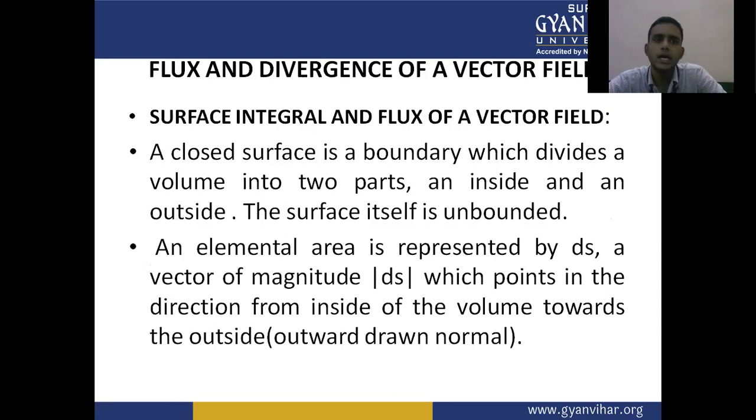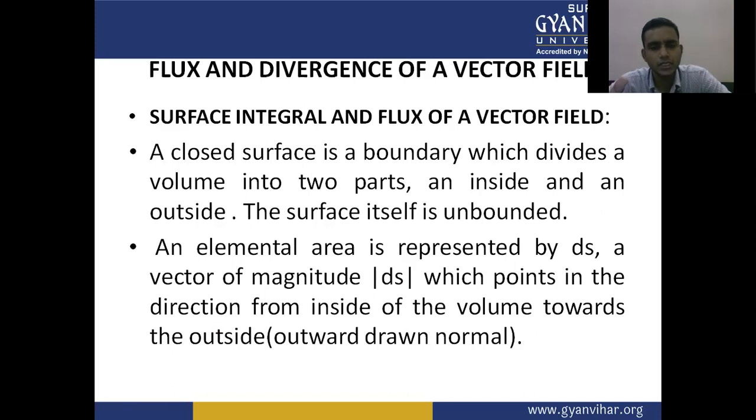Next we have the flux and divergence of a vector field. The surface integral and flux of the vector field: a closed surface is a boundary which divides a volume into two parts, an inside and an outside.